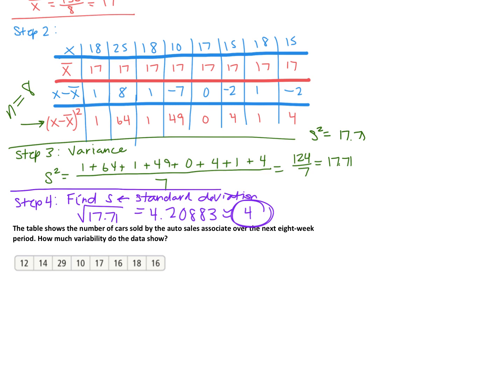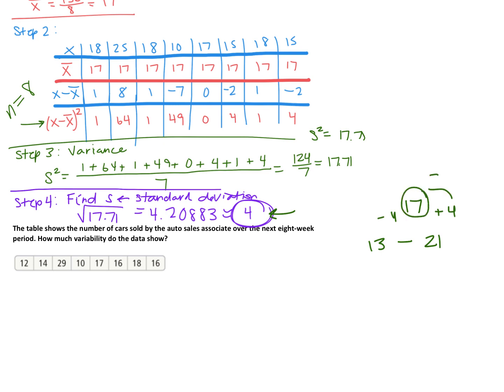Because the mean was 17 cars and the standard deviation is 4 cars, if we add 4 and subtract 4 on either side, we have 13 to 21. That means that that's 1 standard deviation away from the mean.